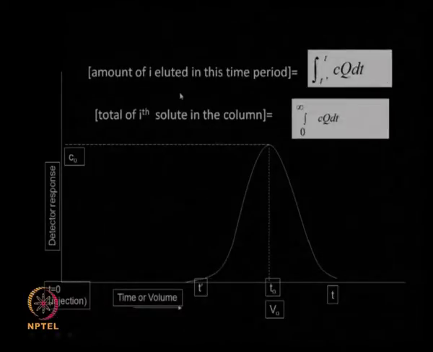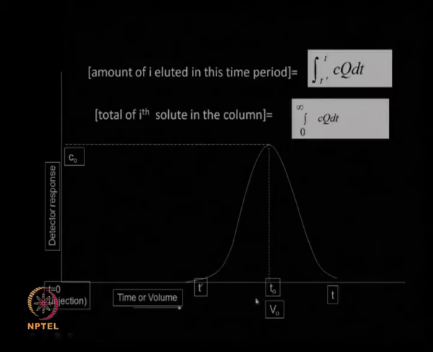Now the amount of I eluted in this time T' and T will be, obviously, the integral of C into Q into dt, Q is your flow rate, C is your concentration. So amount eluted in this time is given by this, but the total amount of this particular species in the entire period of time will be from 0 to infinity, that is also obvious, okay.